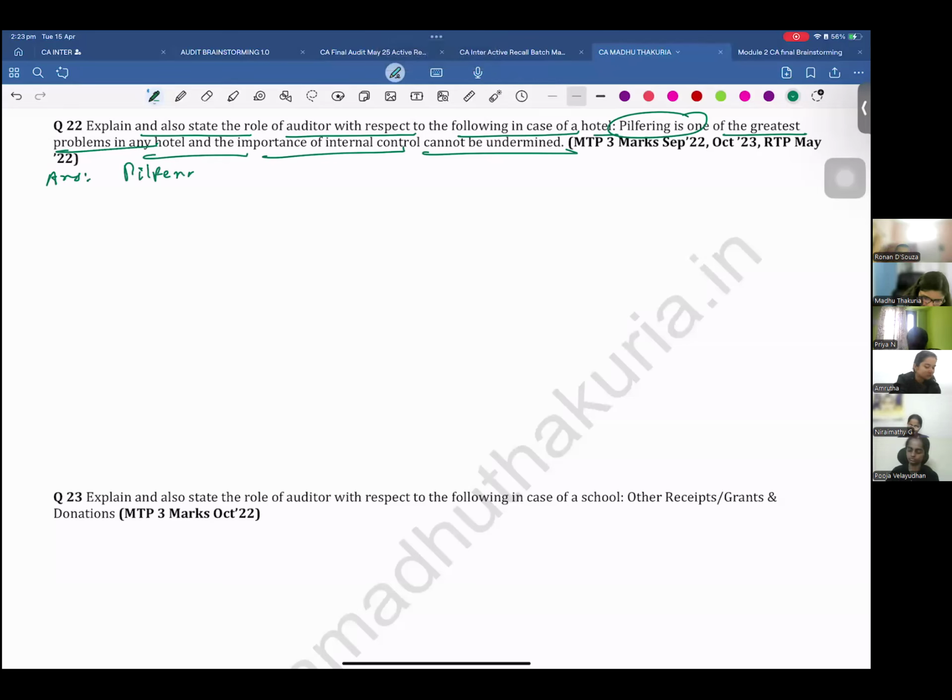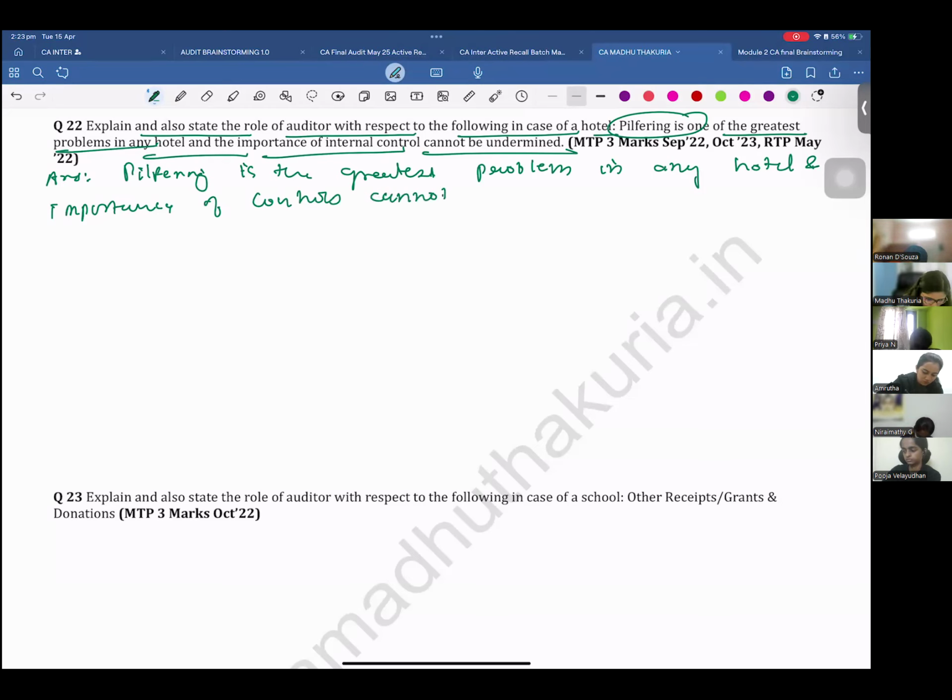Answer. Pilfering is the greatest problem in any hotel, and importance of controls cannot be undermined.